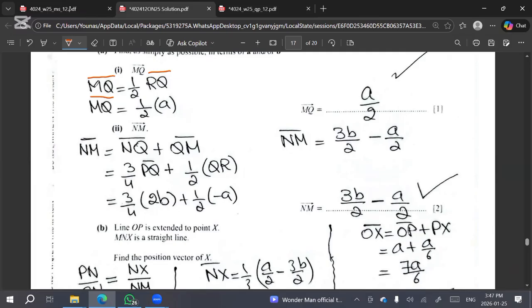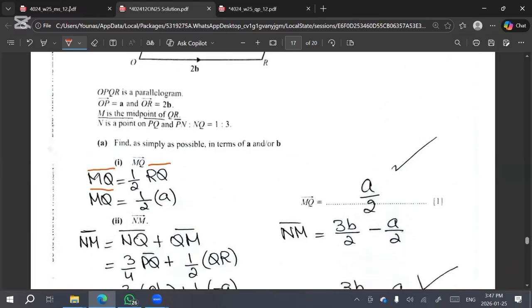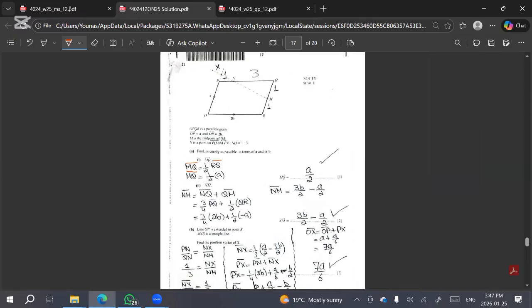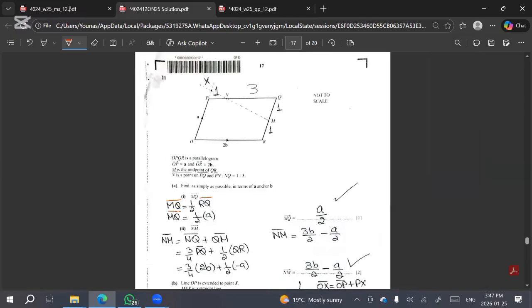The NQ will be 3 by 4 of the PQ, and plus the QM will be half of the QR.